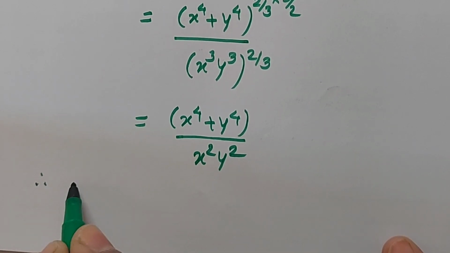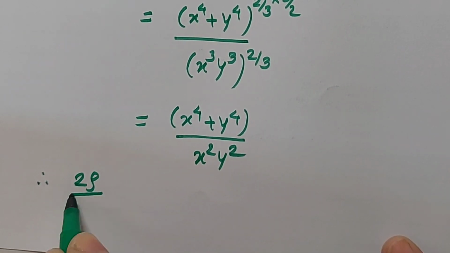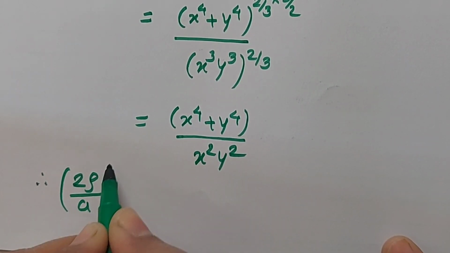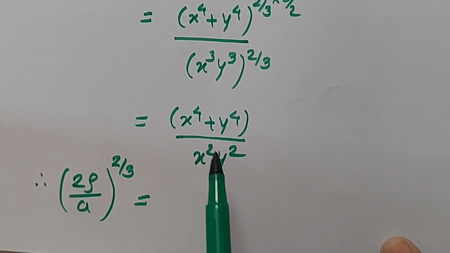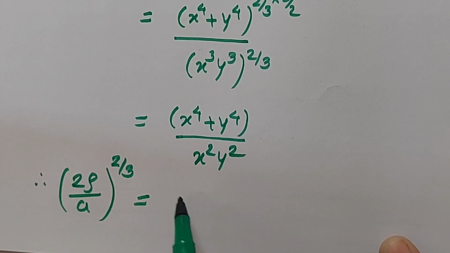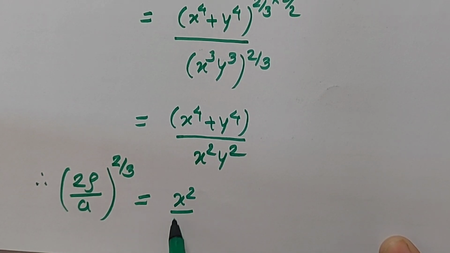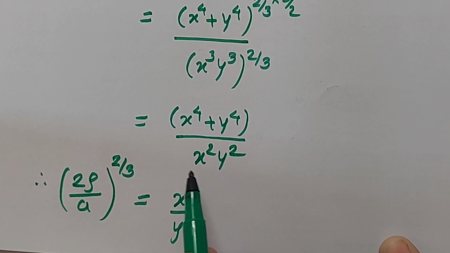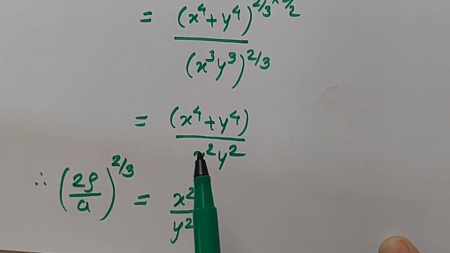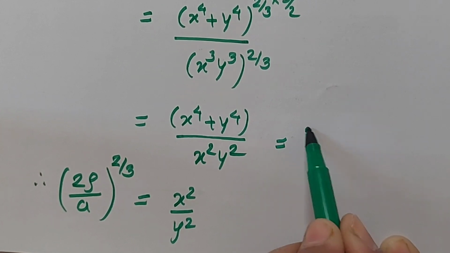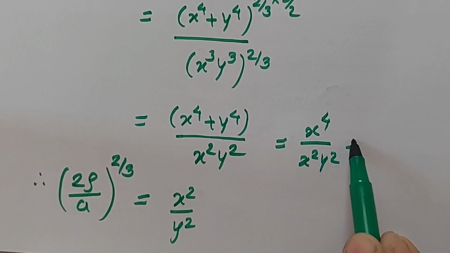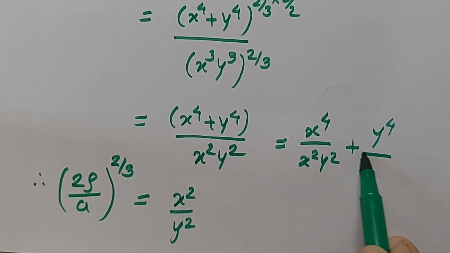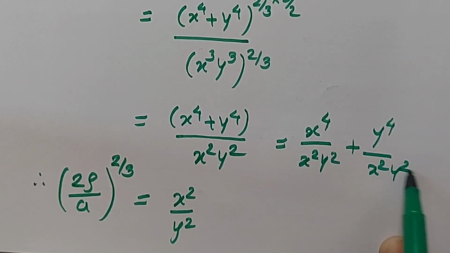Therefore the left hand side is 2 rho divided by a raised to the power 2 by 3, and in the right hand side we separate the terms, then it is x square divided by y square. Just we are separating the term x raised to the power 4 divided by x square y square plus y raised to the power 4 divided by x square y square.